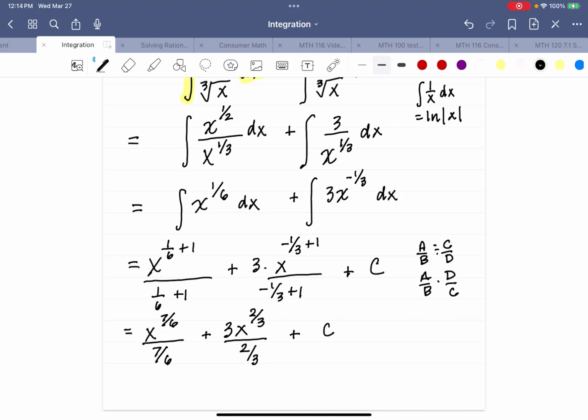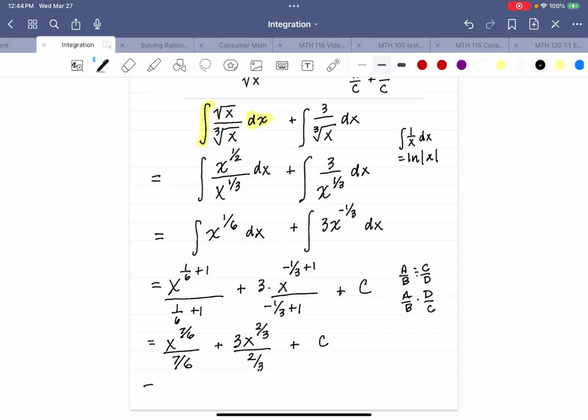So this 7/6 is going to get flipped and multiplied. So that's going to become 6 over 7 times x to the 7/6 plus, now I've got to flip this one, 3 over 2 times 3x to the 2/3 plus c.